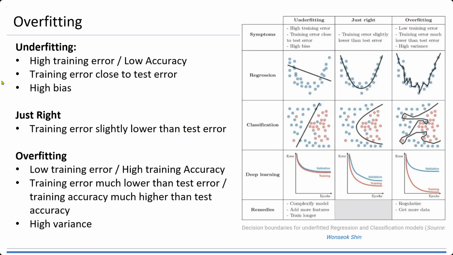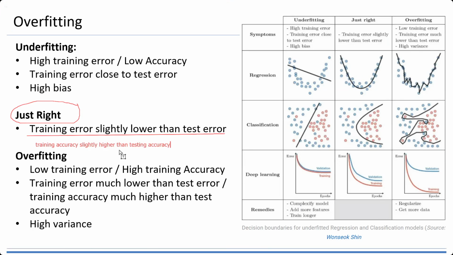Whenever you do the modeling, you need to get it just right. It means the training error is slightly lower than the testing error, or sometimes we can say the training accuracy is slightly higher than the testing accuracy.